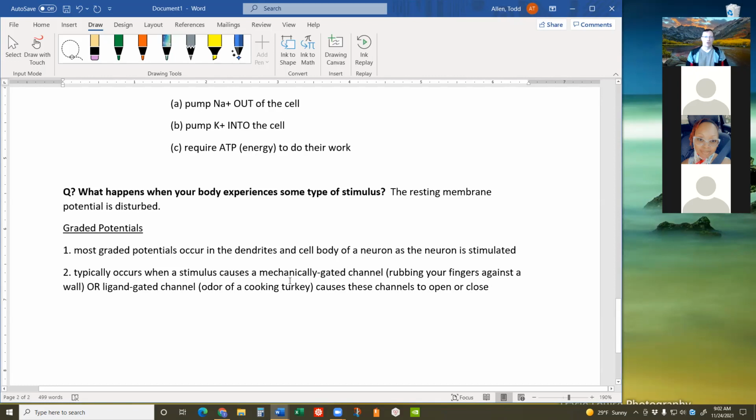Okay, so the graded potentials typically occur when a stimulus causes a mechanically gated channel or a ligand-gated channel to open or close.